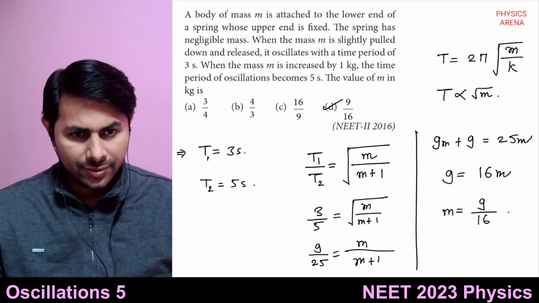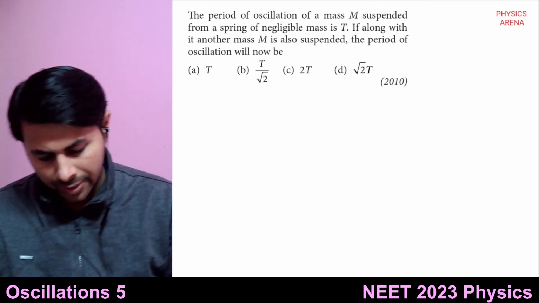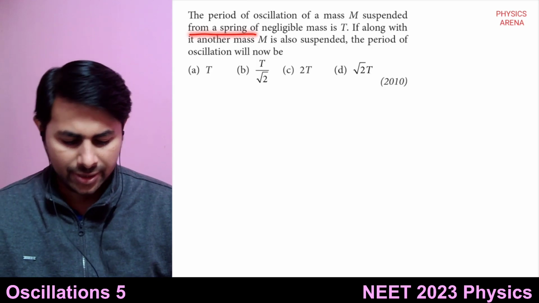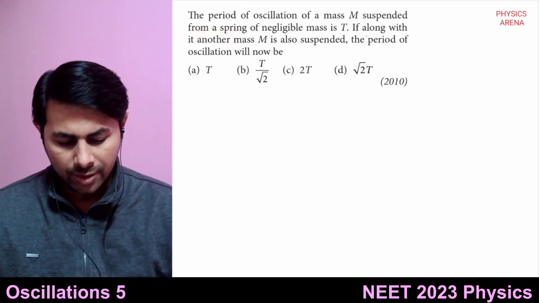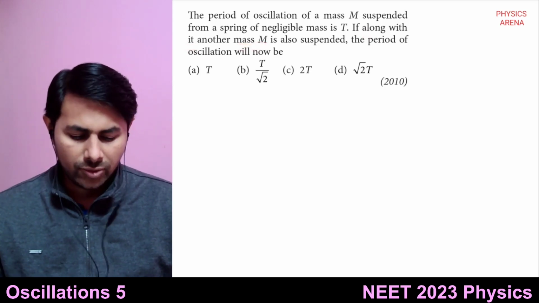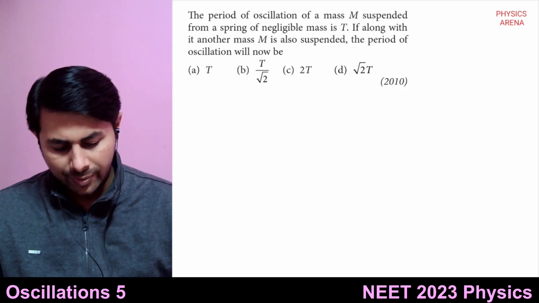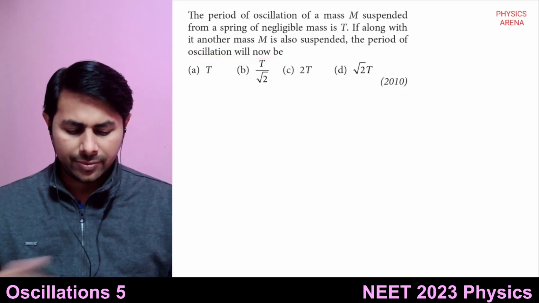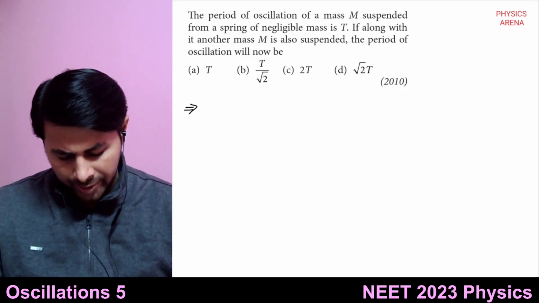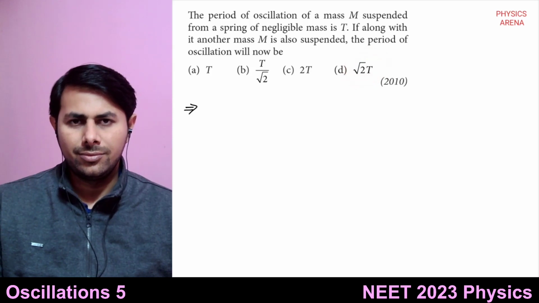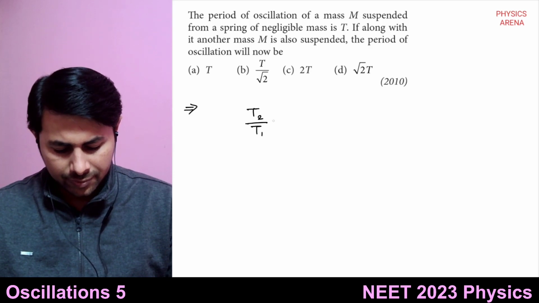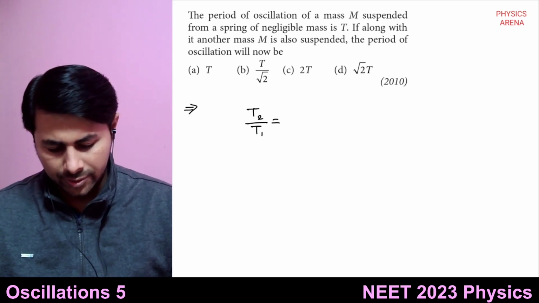Alright. Next question. The period of oscillation of a mass m suspended from a spring of negligible mass is T. If along with it mass m is also suspended, so now mass is made 2 times, the period of oscillation will now be? So this is simple. It will be root 2 times T, right? Because T2 by T1 equals what?